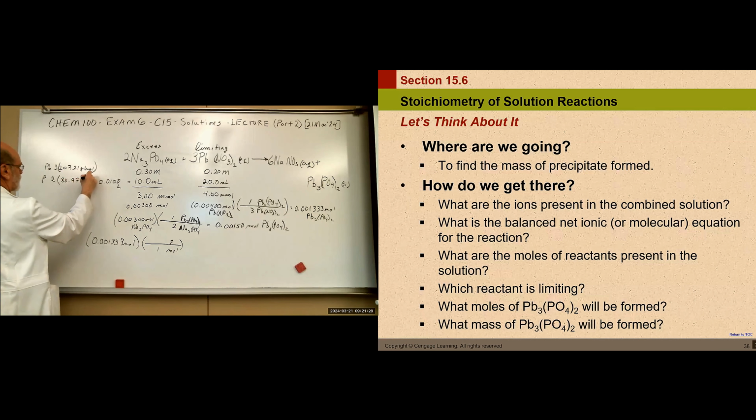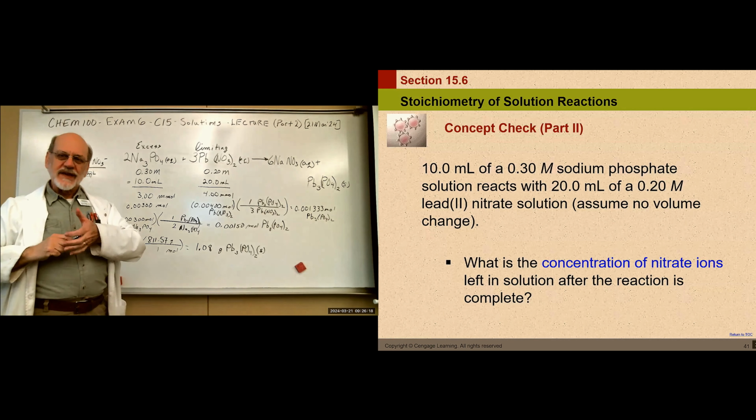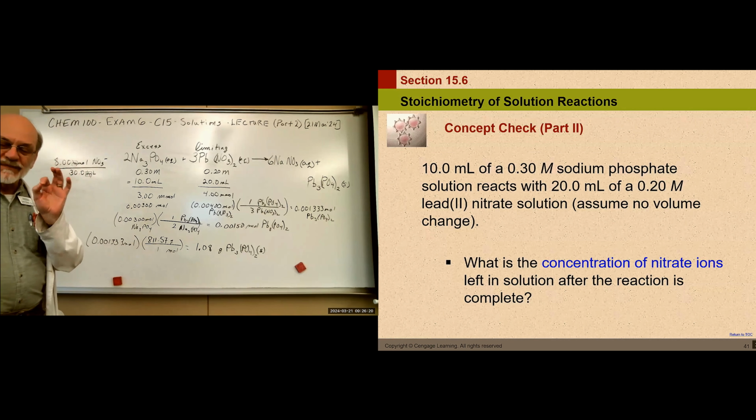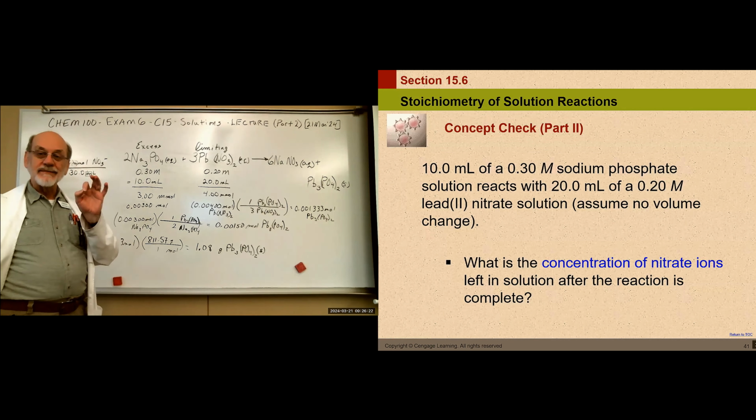Notice that if we factor out the milli, the millis cancel, and we have moles per liter. So what I'm saying is if you divide millimoles by milliliters, you will get molarity.